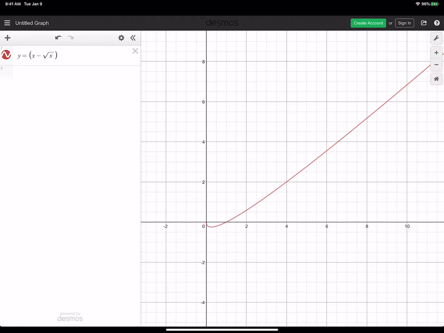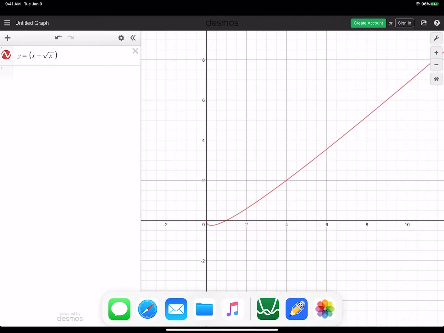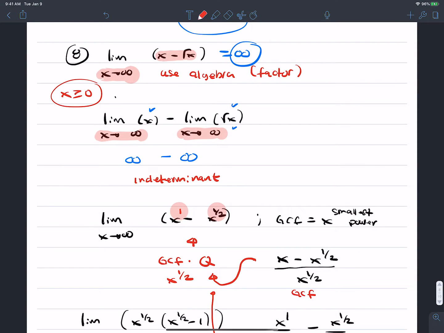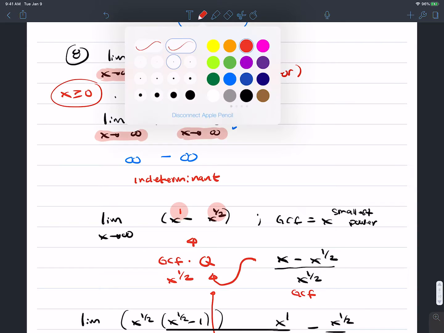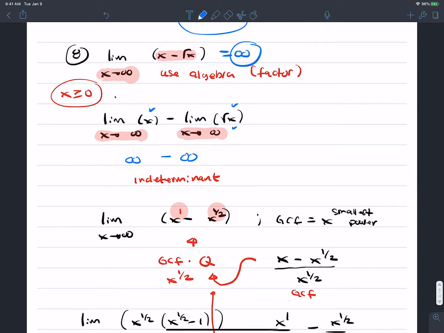So sure enough, as x gets big, what's going on with that y coordinate value? It's going to infinity. And notice this, is the function defined for negative numbers? The answer is no, right? You cannot have negative x values, so that kind of makes some sense. So we're looking at end behavior again, and to really summarize this, here's what you guys will see hopefully in Calculus 2, right?